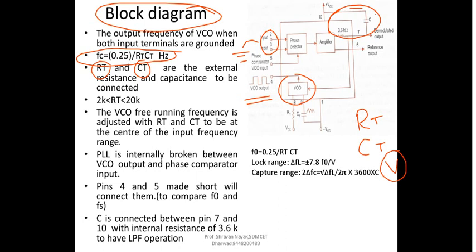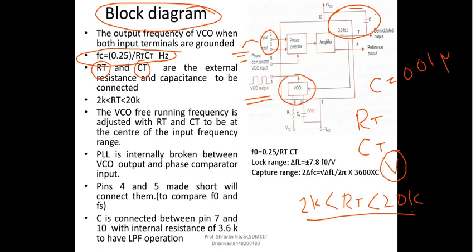Generally the value of RT varies from about 2 kilo ohm to around 20 kilo ohm. This is the acceptable range of RT as far as IC 565 is concerned. And generally the value of the capacitance you can take as 0.01 microfarad or any other standard value of the capacitor you can connect.